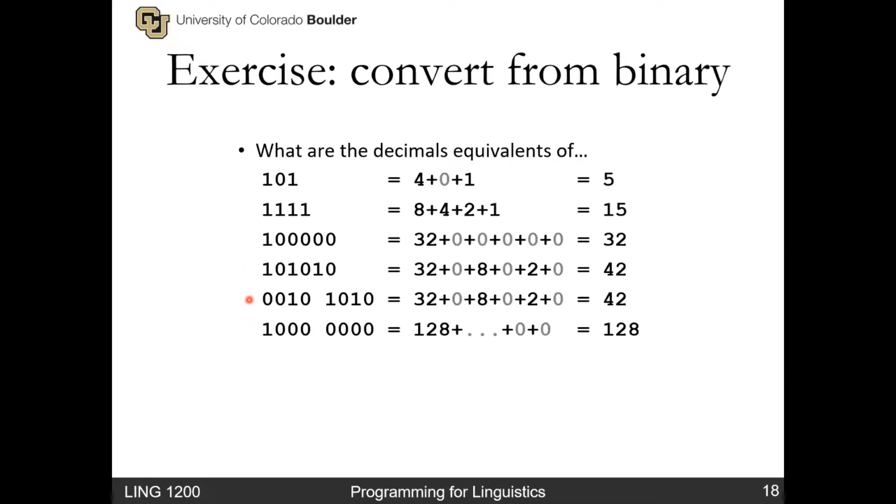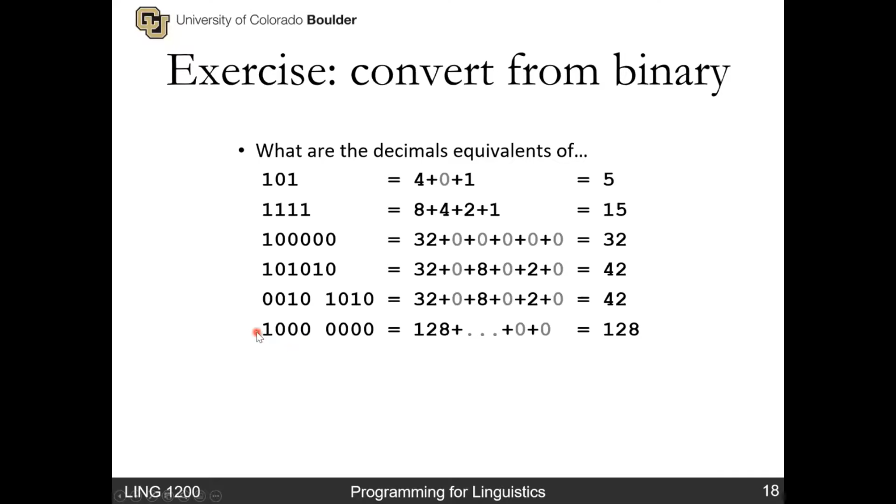This last one, if we count here, we have the 2's position, the 4's position, the 8's position, the 16th position, the 32 position, the 64 position. Oh, I missed one.